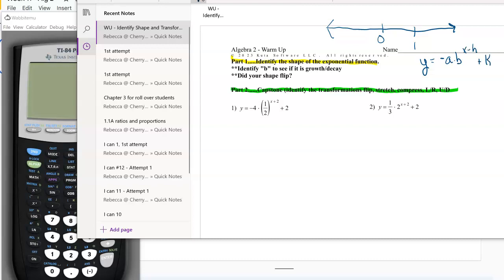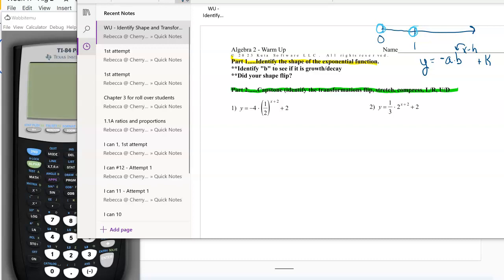B, which is the number right in front of your exponent, is going to tell you if you have growth or decay. So a couple things about B is B can never be negative. So what's going to happen is that number line will actually only exist in this direction. And then the other thing I told you is that B could never be 0. So we did an open circle. And B could never be 1, so that was an open circle.